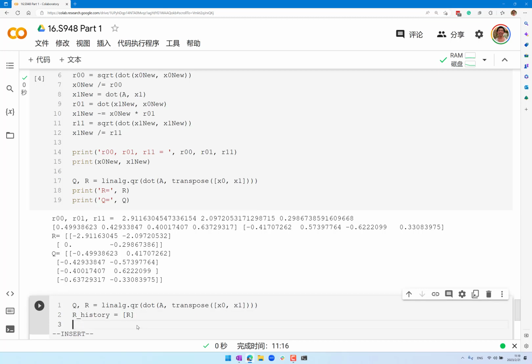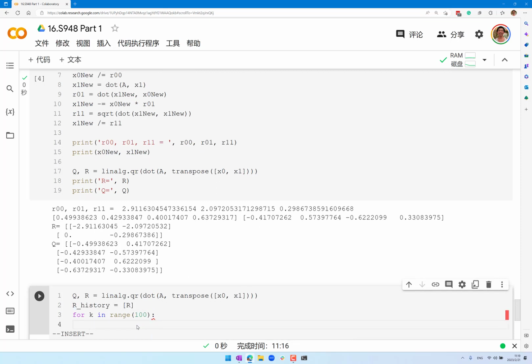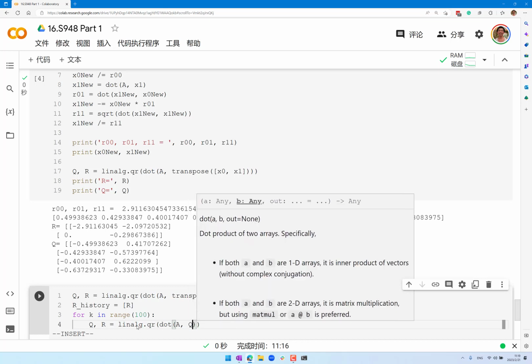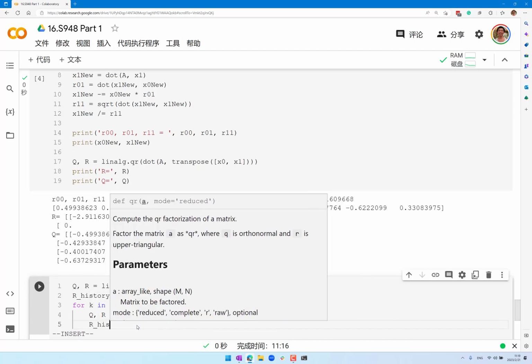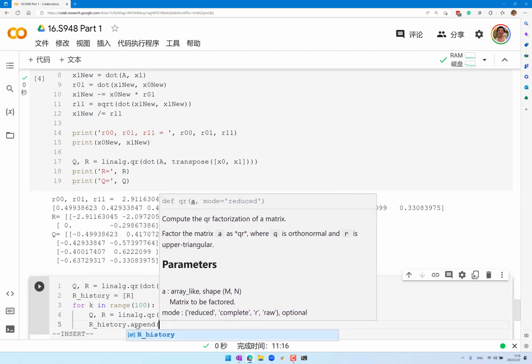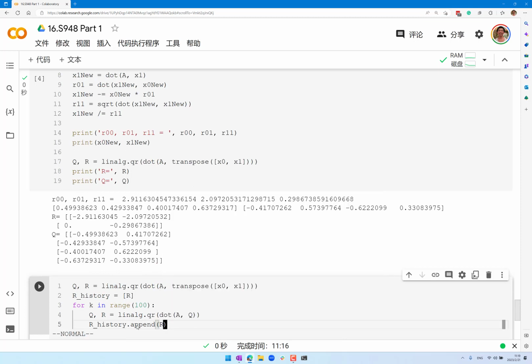And then let's go for 100 iterations. Over the 100 iterations, I'm going to be doing QR factorization, but no longer of the transpose of x0 and x1. Instead we are going to use the Q from the previous iteration to fit into the new thing. And to the R history, we are going to append the new R.